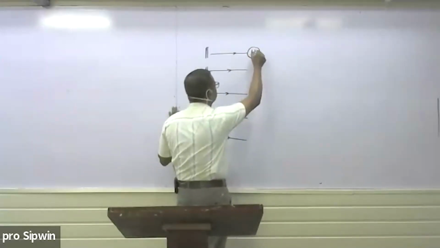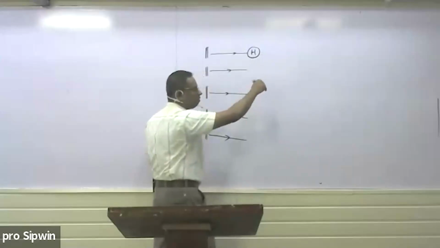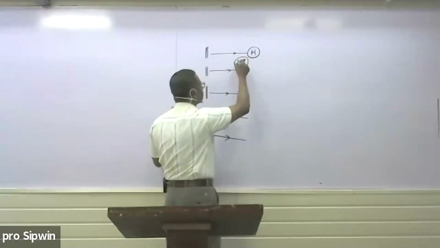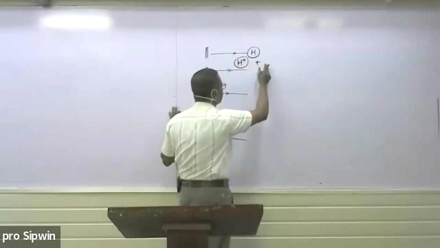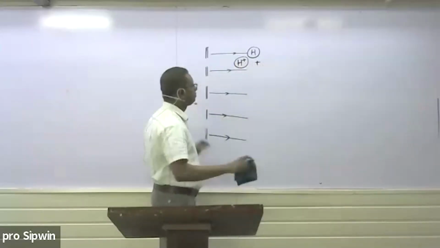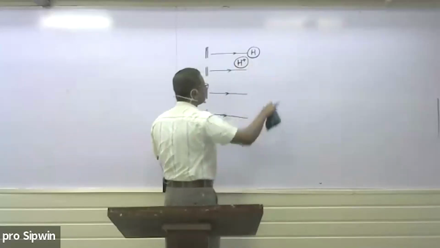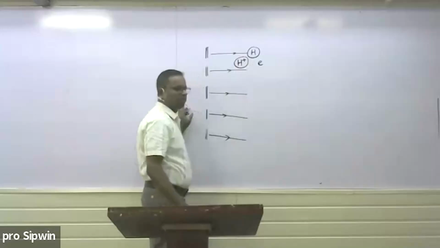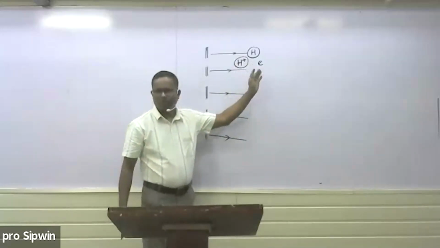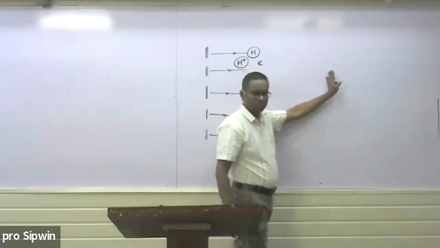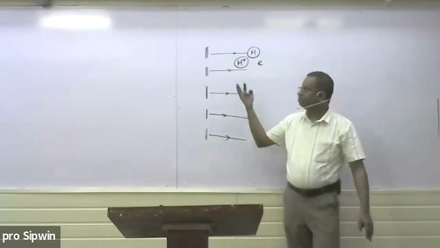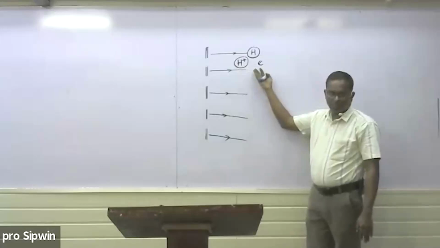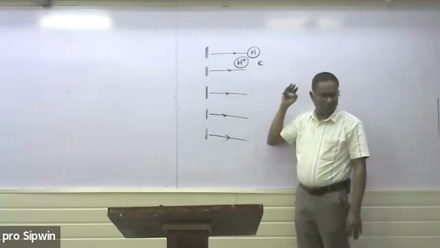Hydrogen atom hit with that one. When hit, it produces H plus and the electrons. Now the released electrons also accelerate to this side. Anode is here. Electrons mean again a cathode ray particle. The main electrons also accelerate to the same direction.